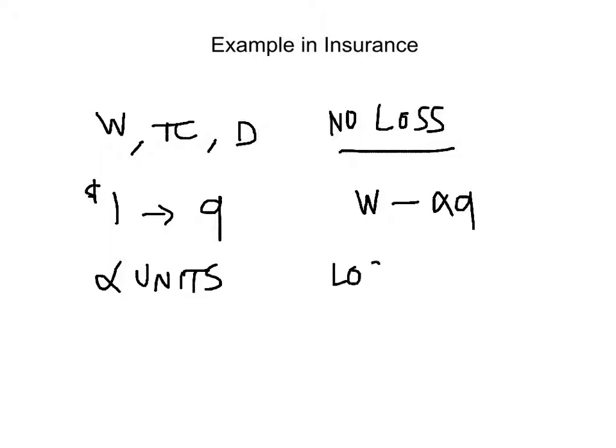And then if there is a particular loss amount, your wealth would be your wealth less the cost of insurance less the damage amount, which would now be realized, plus the coverage. How much you insured would be paid out to you as coverage.